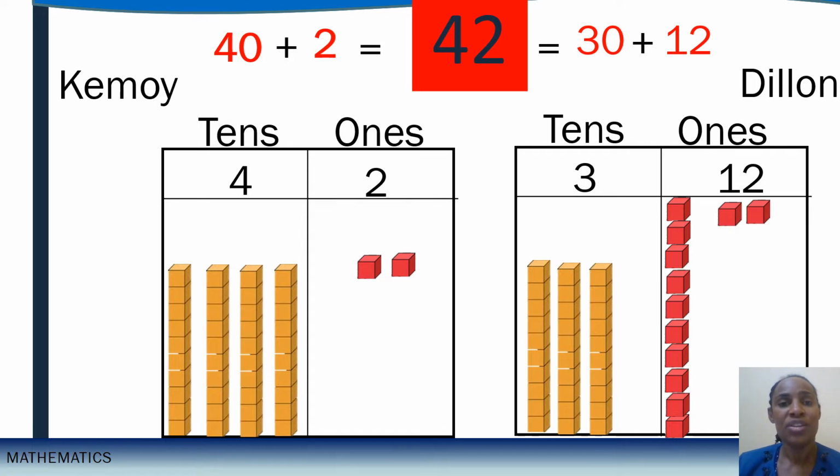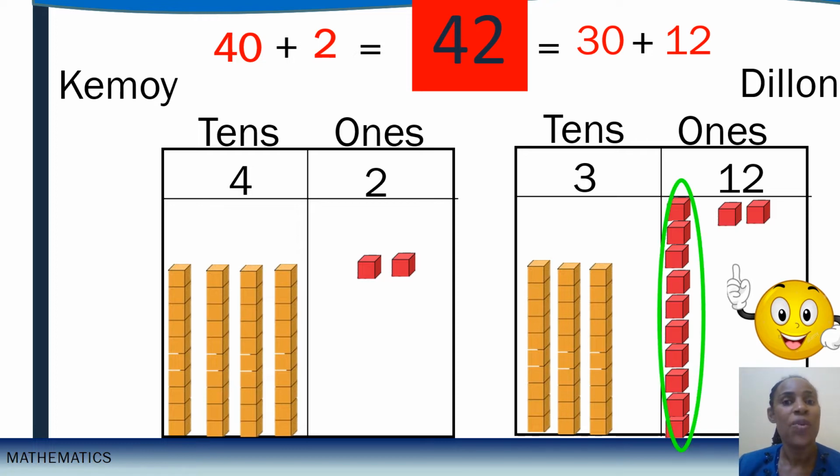Remember, 12 units can be renamed as 1 long and 2 units. Let us do that. So we'll take 10 of the units and we will rename it as 1 long. And then look, here we have it.